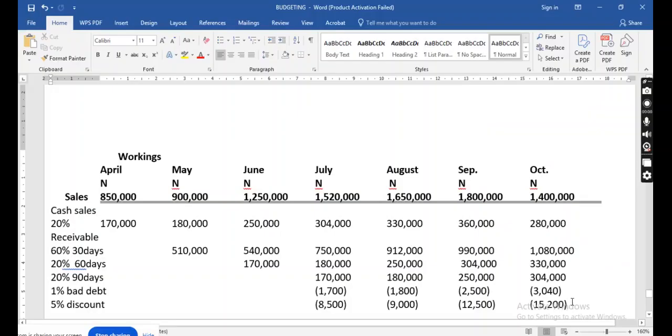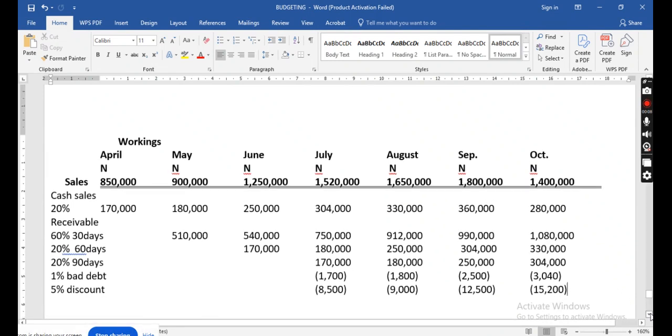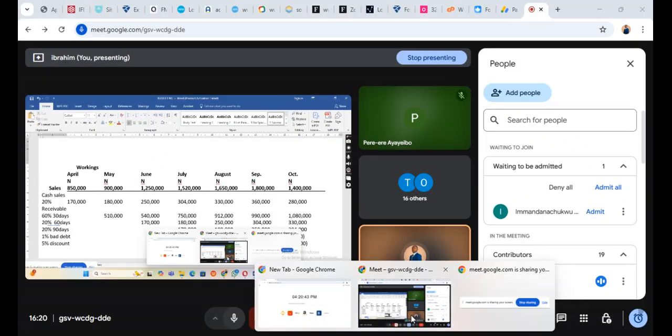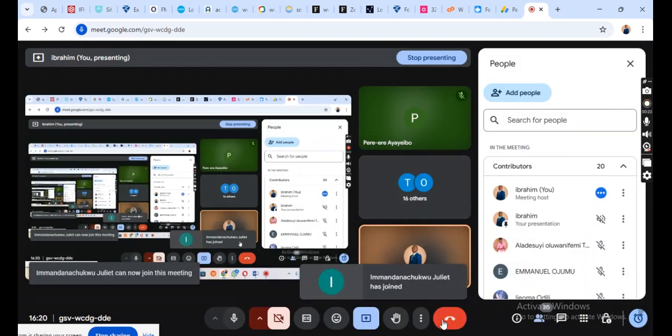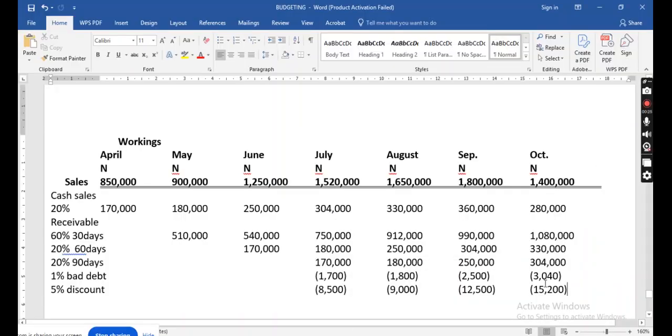So what is the total sales collection? Just give me the one for July and August, because that is the one that we need, right? I just need the balance for the month of July and August.